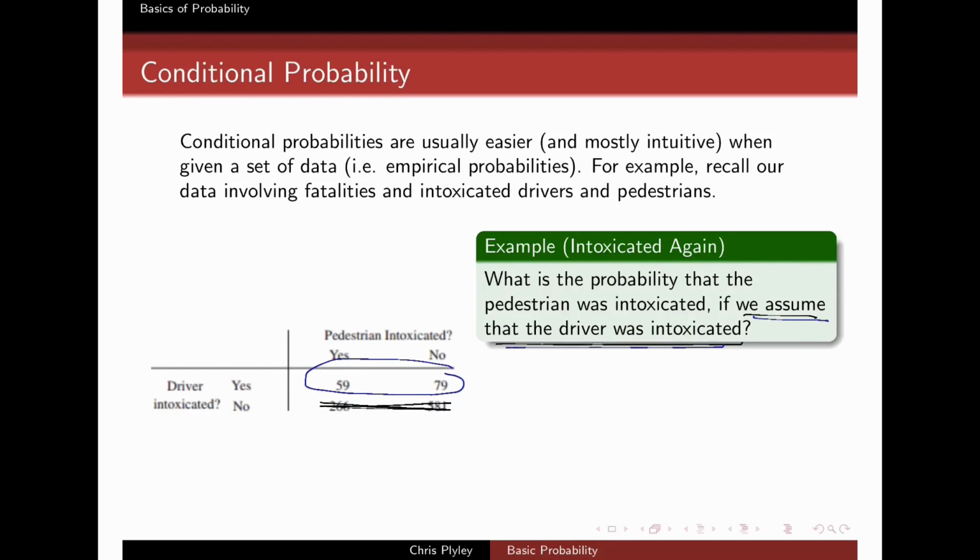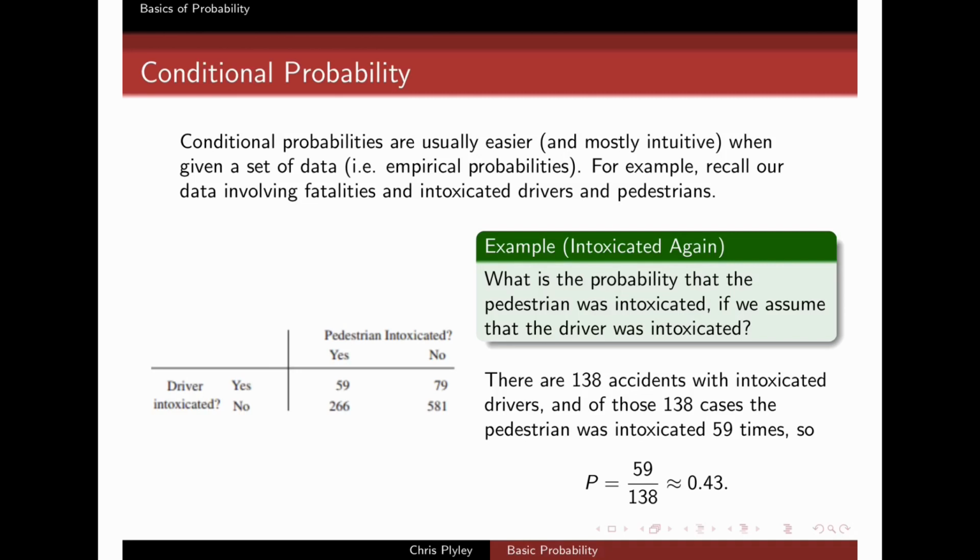So if my sample space is only these 138 accidents, and I'm assuming that the driver was intoxicated, what is the probability that if I picked randomly from this top row that the pedestrian was intoxicated? Well, out of these accidents, only 59 times was the pedestrian actually intoxicated. So, in this case, out of these 138 accidents, 59 times the pedestrian was intoxicated.